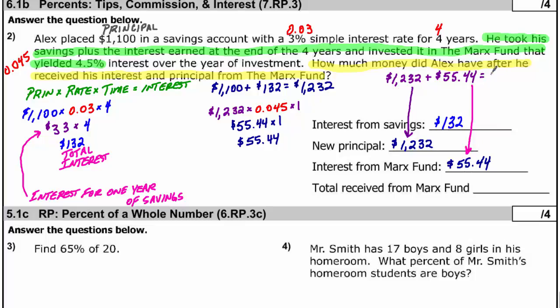So altogether, when he takes that money out, he is going to take out $1,287.44. And that is our final answer to problem number 2.